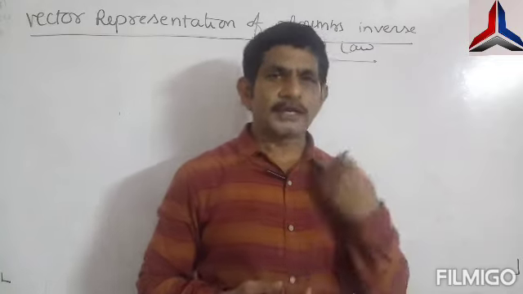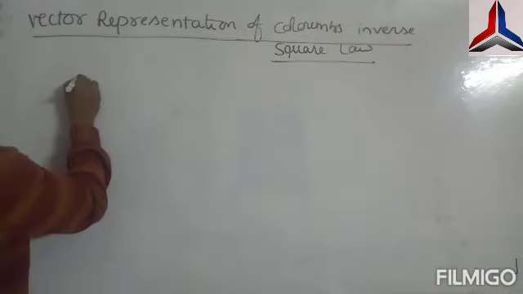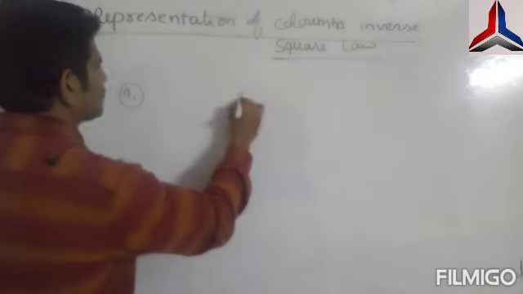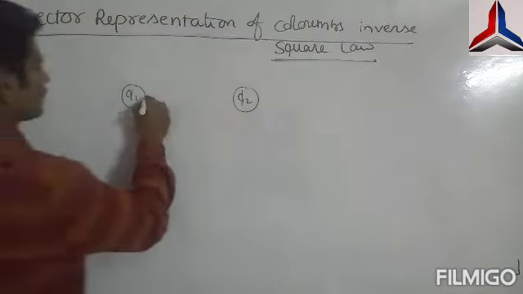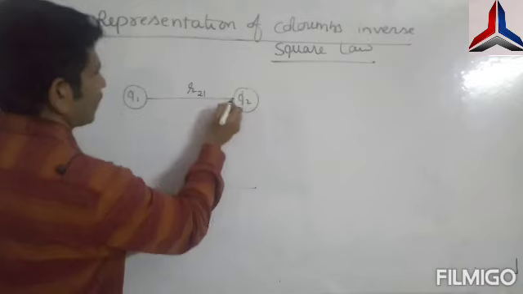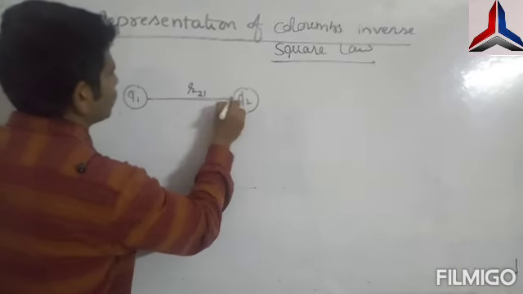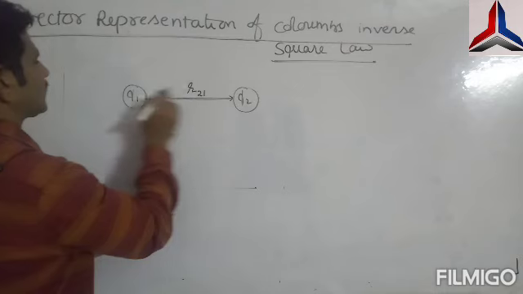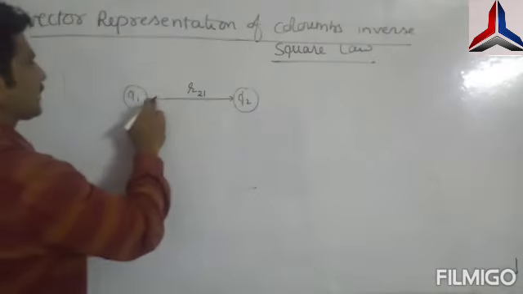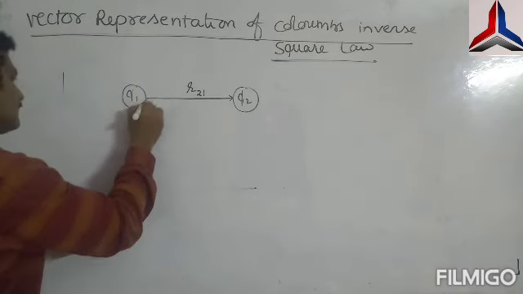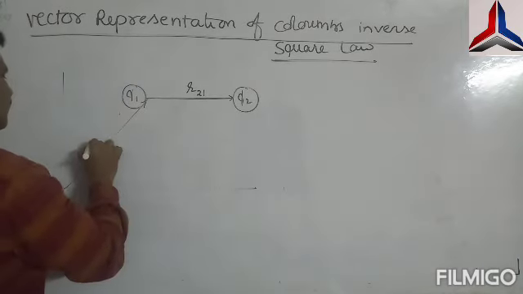In such a way we can go for two charges. Look here, Q1 is the charge, Q2 is the other charge, which are separated by a certain distance. This is nothing but the position of the second charge with respect to the first charge. Actually, this is at r1 position vector.